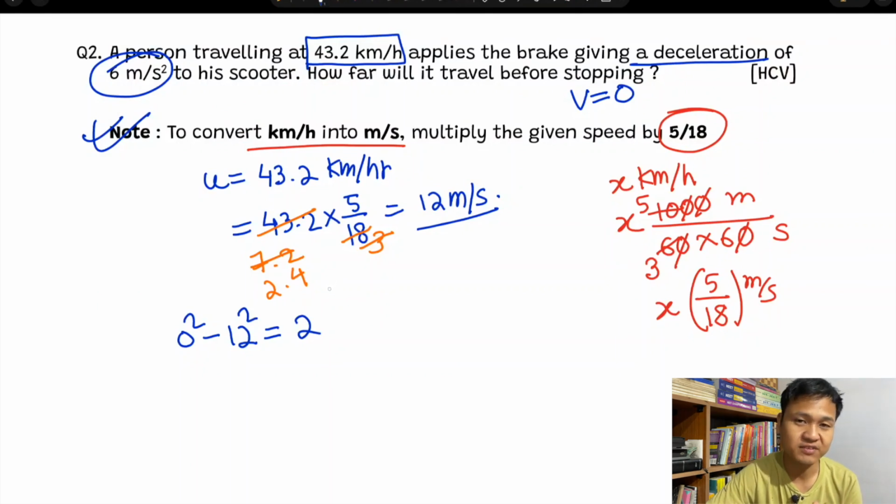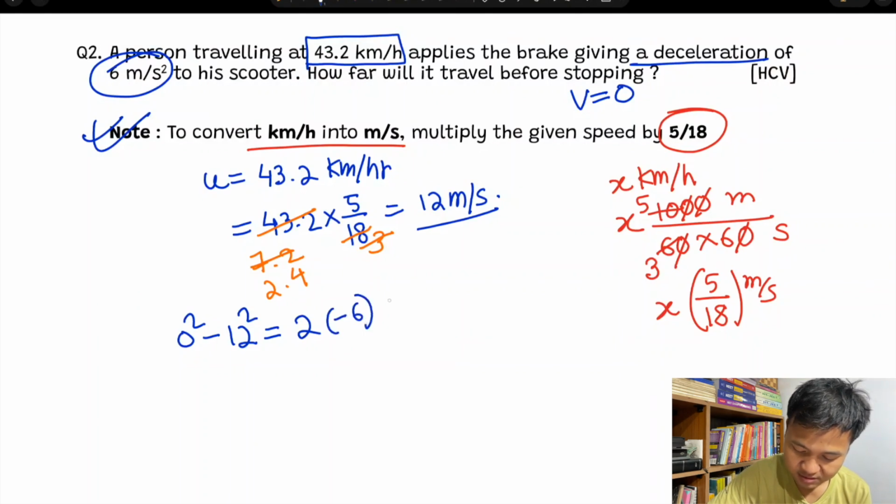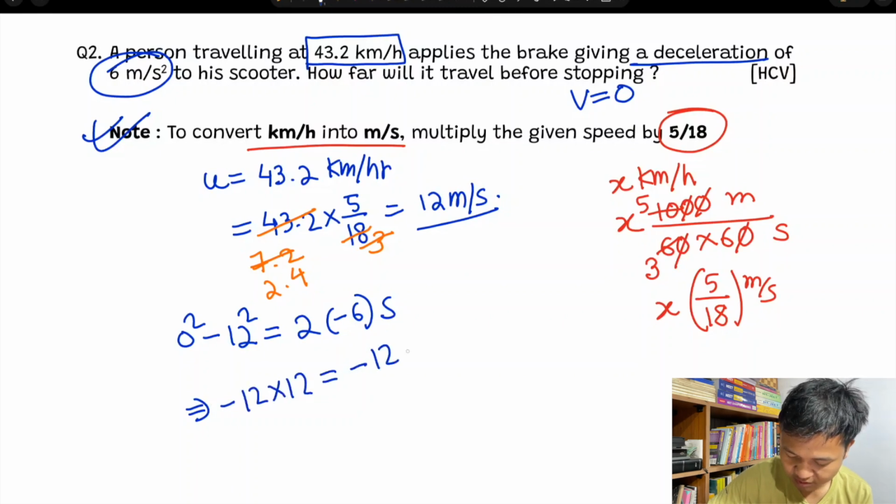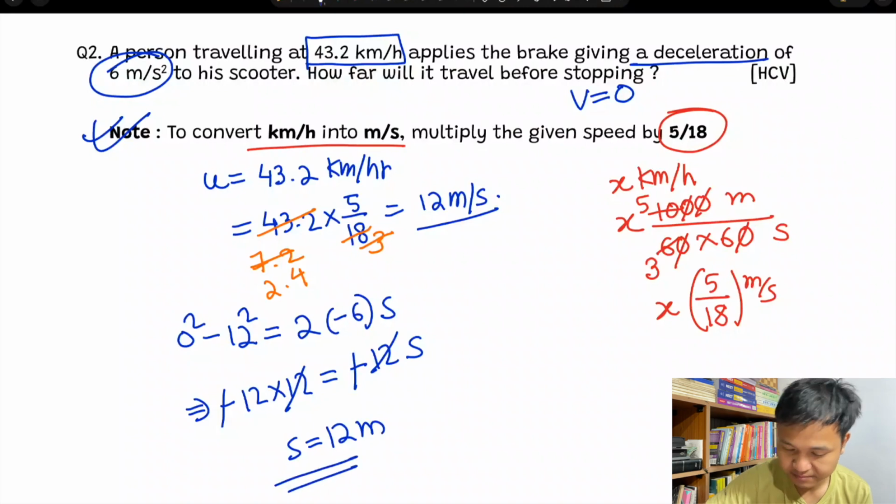Deceleration means negative acceleration, so minus 6 into s. Minus 12 into 12 equals minus 6 2 are 12 into s, minus 12 12. So s is equal to 12 meter.